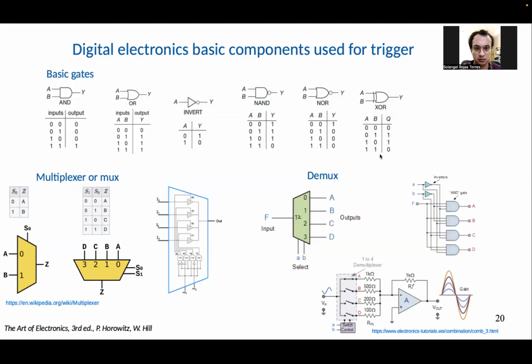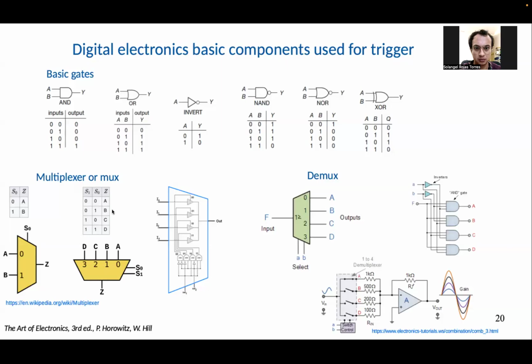And we have multiplexers, or the MUX. What a multiplexer does is a selection of an input. So you have an input here, or a set of inputs, and you can select whether in the output you have input A or input B, depending on this bit.